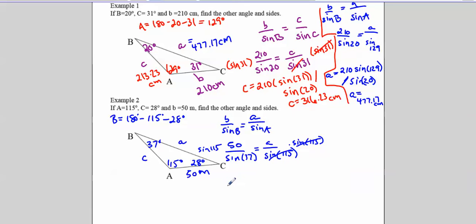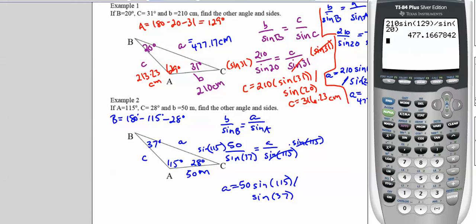So what you're going to type into your calculator would be A equals 50 times sine 115 divided by sine 37. Okay, 50 sine 115 divided by sine 37. And we get 75.30 meters.